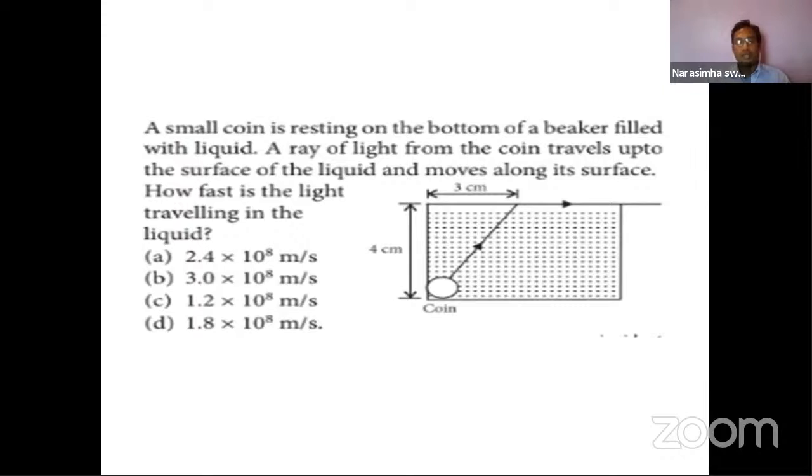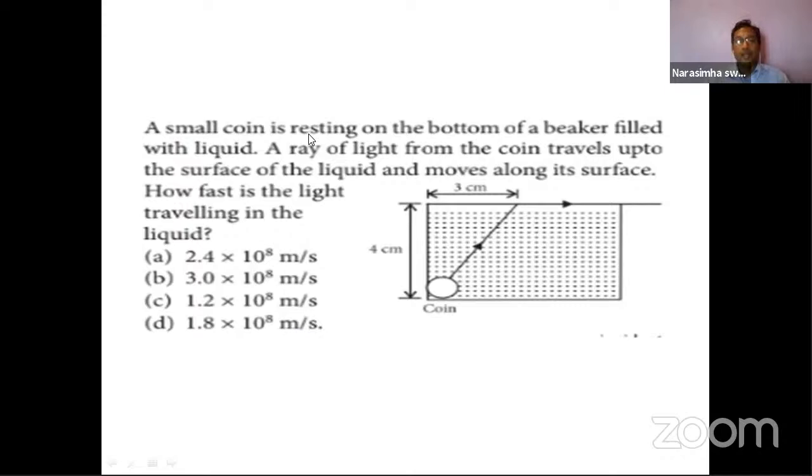How fast is the light traveling in the liquid? See what is asking, velocity of light is asking. See, options are in terms of meter per second, so it's a velocity, right?